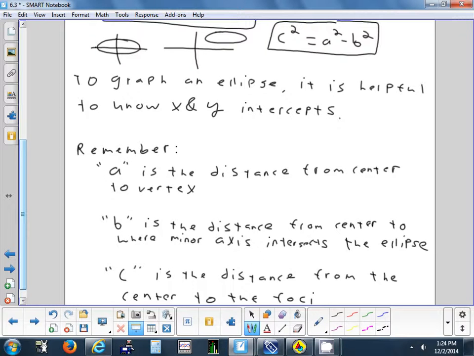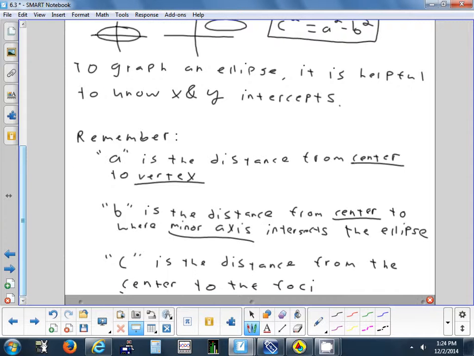Again, A is the distance from center to vertex. B is the distance from center to minor axis, where it hits the ellipse. C is the distance from center to a focus. It doesn't matter which focus you pick, center to the one on the left or center to the one on the right, since the center is right in the middle of the 2.